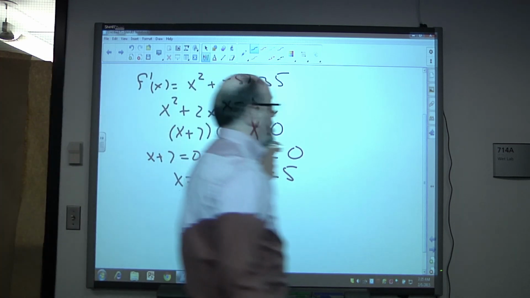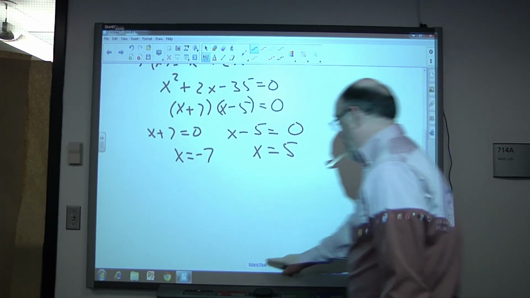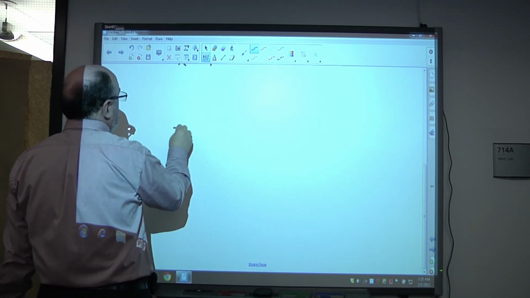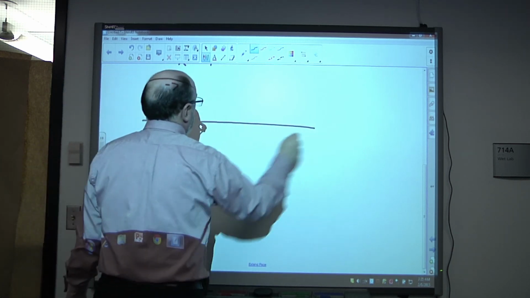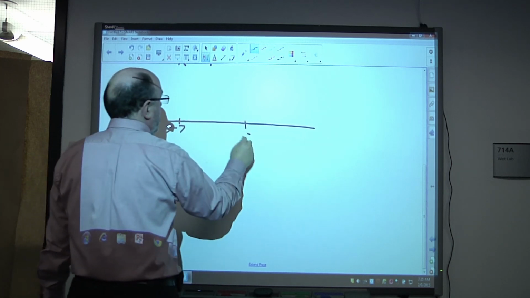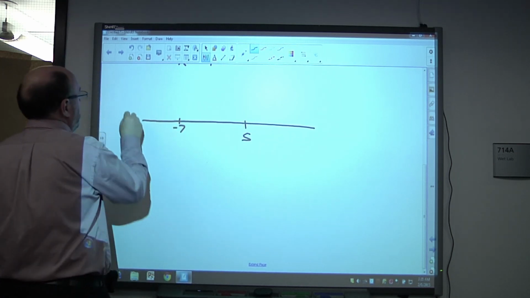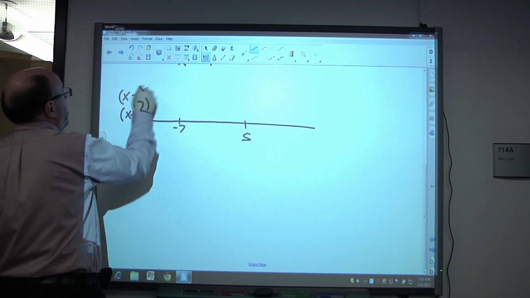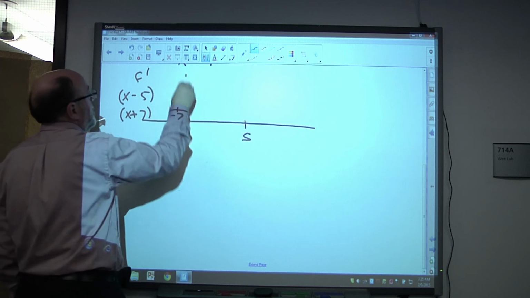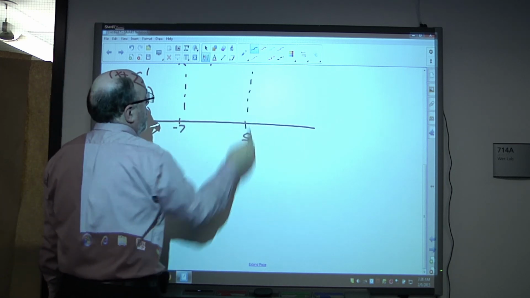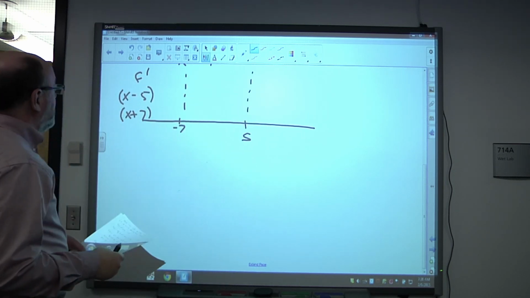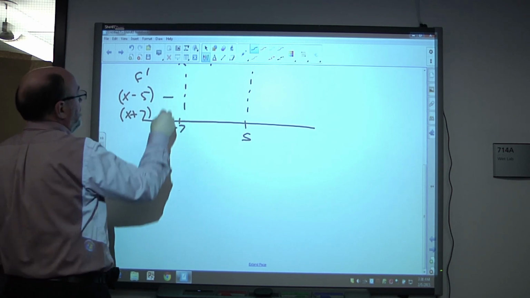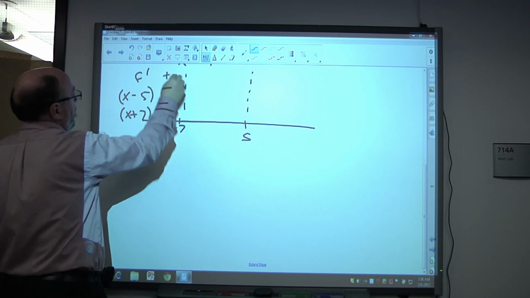So again, we build our chart for this. We're going to have on our chart negative 7 and 5. The terms were x plus 7, x minus 5, and then our derivative. If x is less than negative 7, this will be negative, this will be negative, and a negative times a negative is a positive.